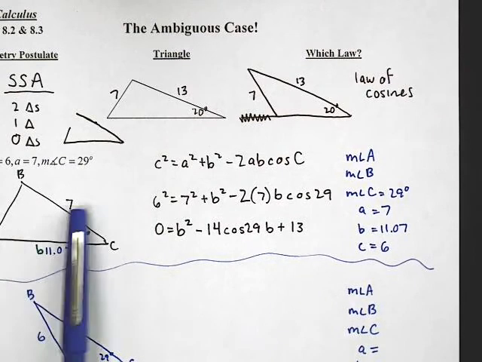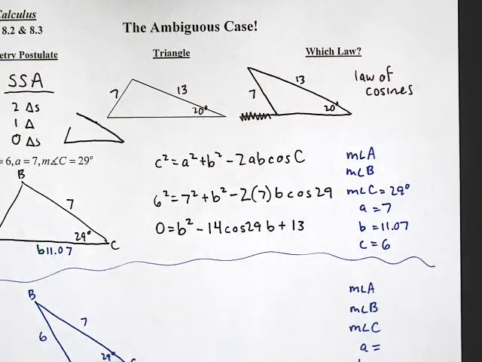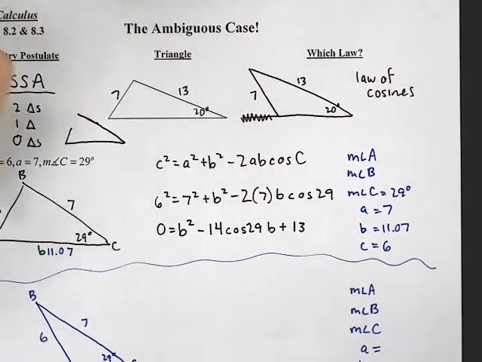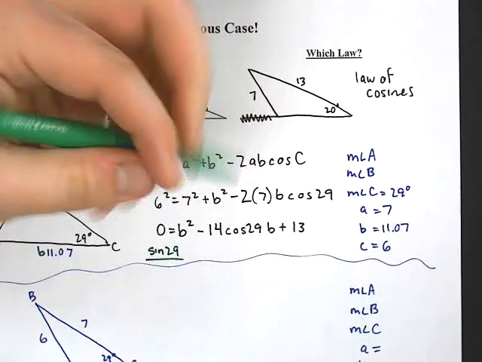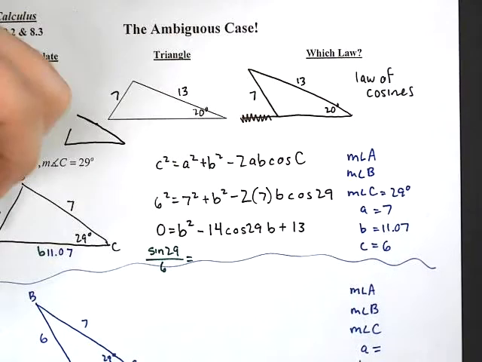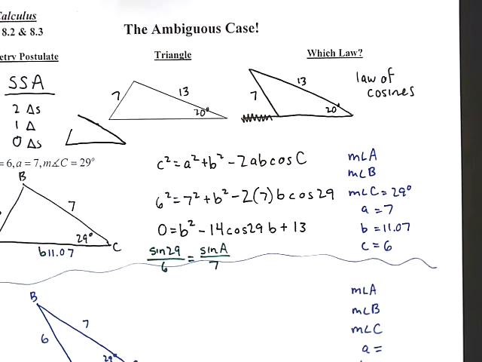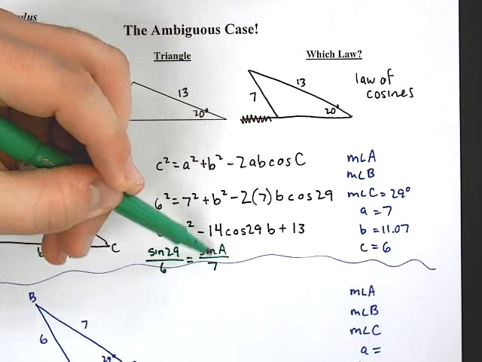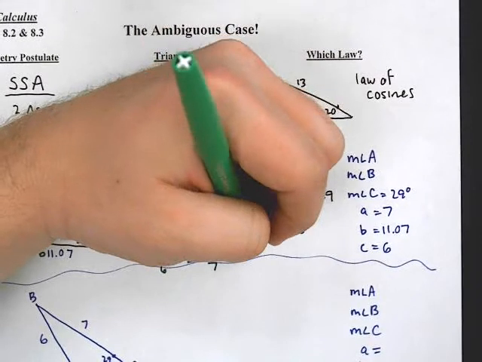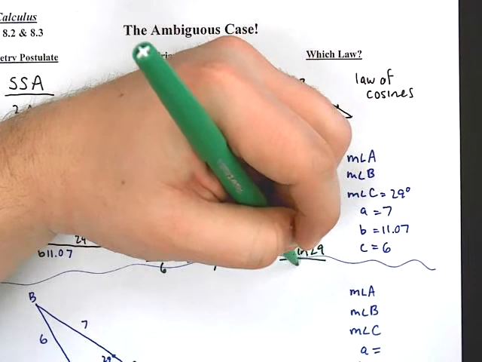So I'm going to use law of sines now to get angle A, because it's across from the next smallest side. I'm running out of room here, but I'm going to say that the sine of 29 over 6 is going to equal the sine of A over 7. To save some time, I'm just going to multiply both sides by 7. So I know that sine of A is going to equal 7 sine 29 all over 6.